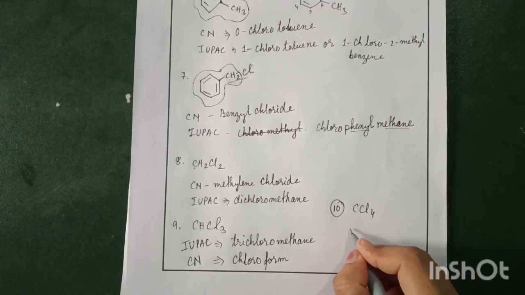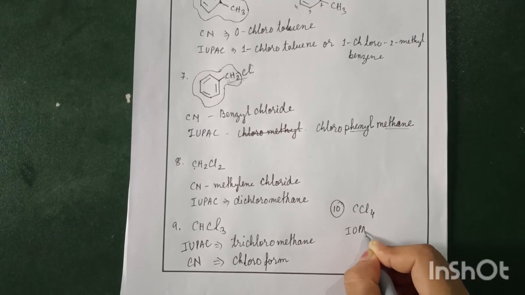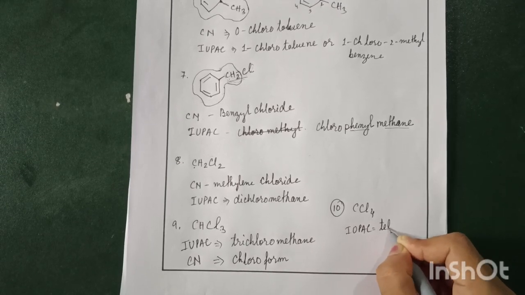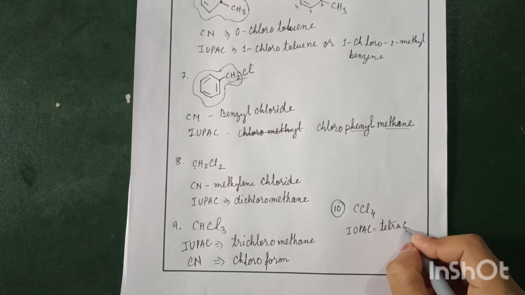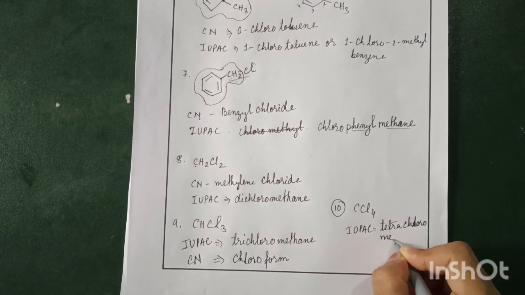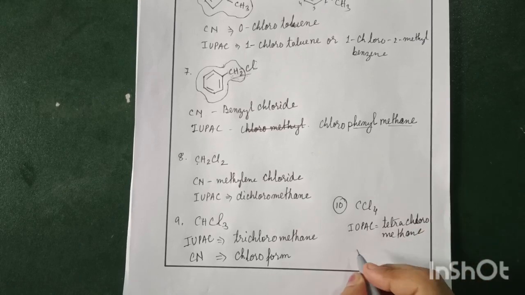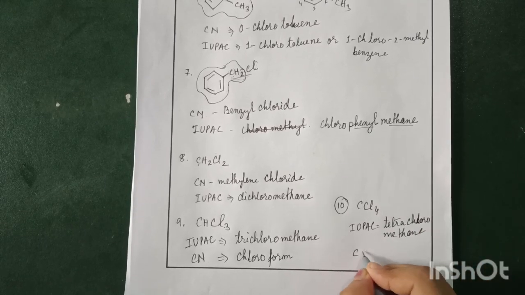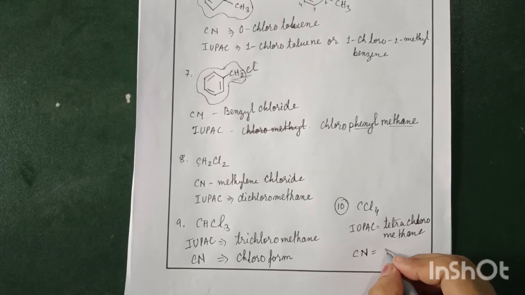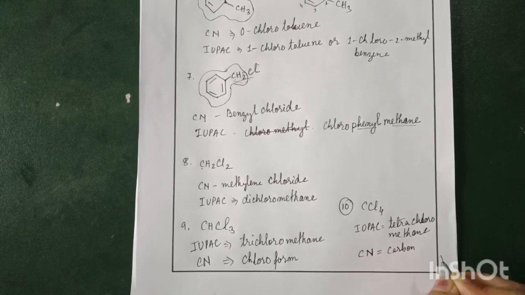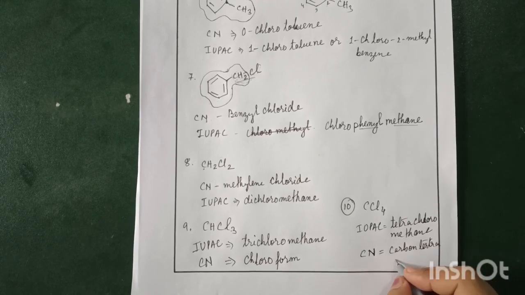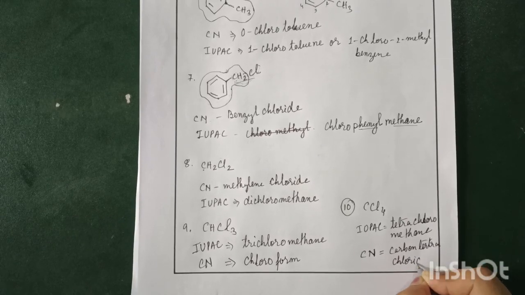Its IUPAC name is tetrachloromethane, and in the common name it is called carbon tetrachloride.